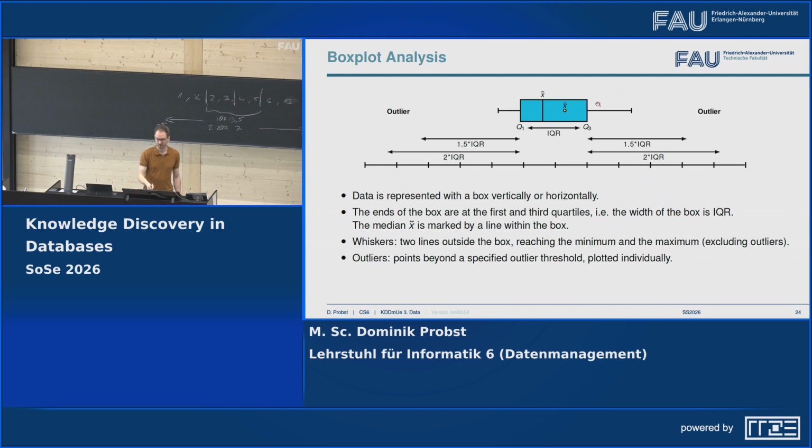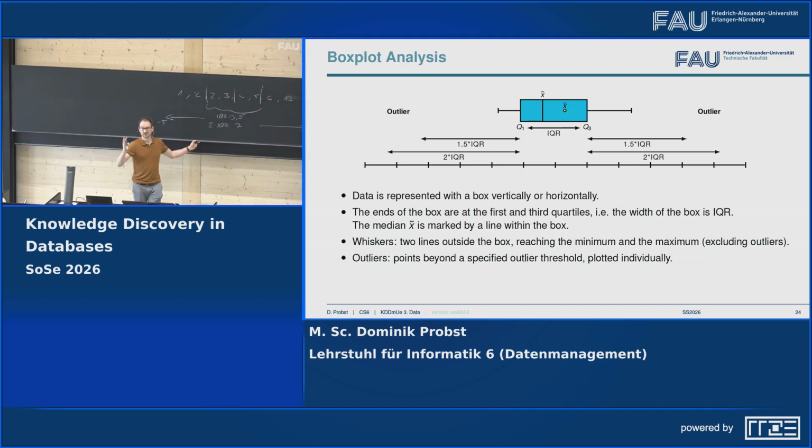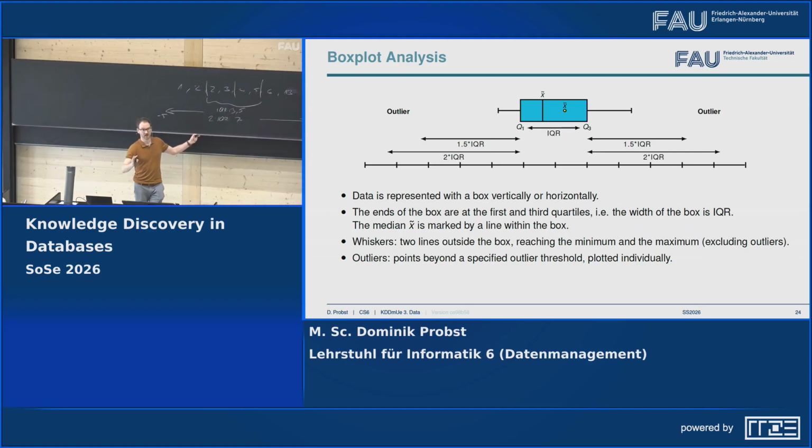So probably around here, there would be a little circle displaying this outlier. We see that in another example in a second. Okay? The principle of box plots is hopefully understandable.